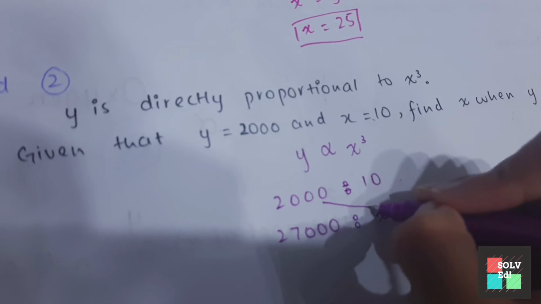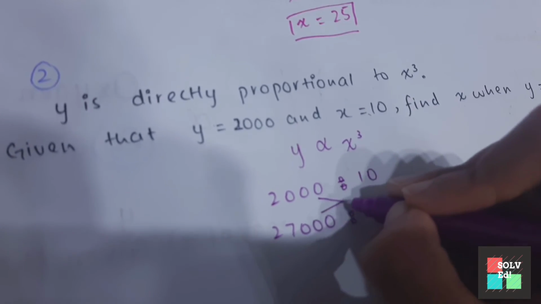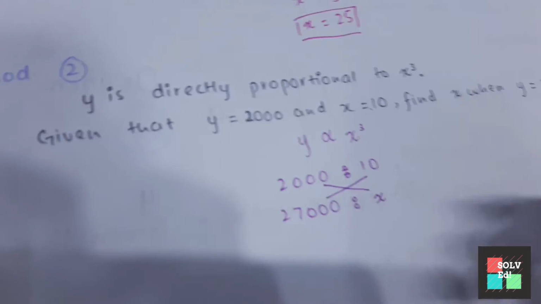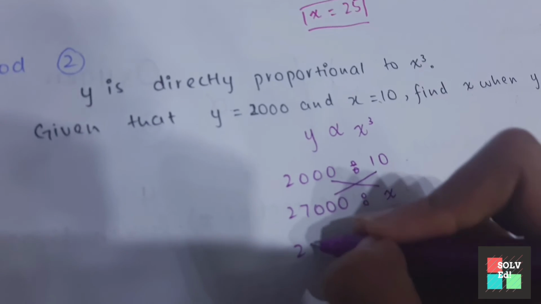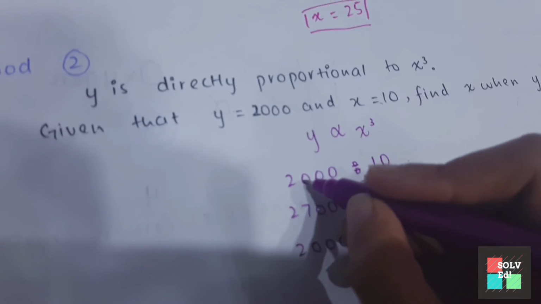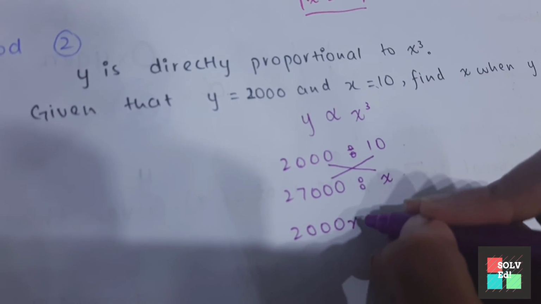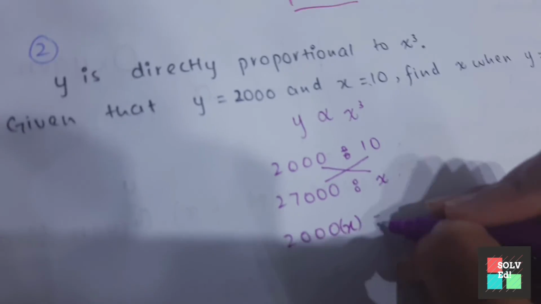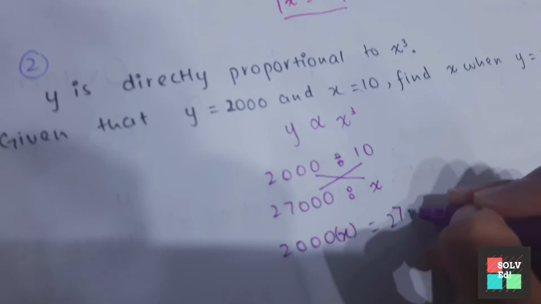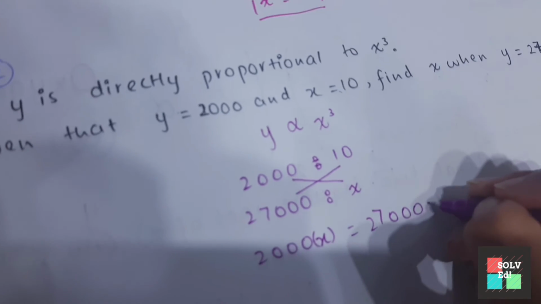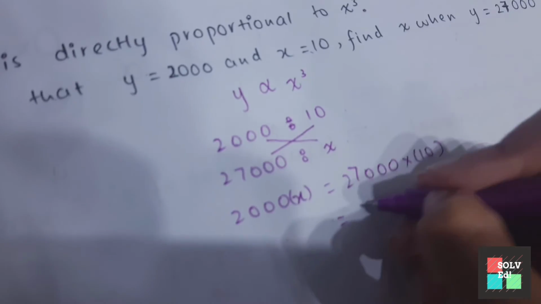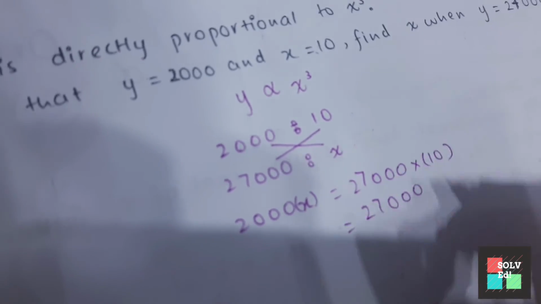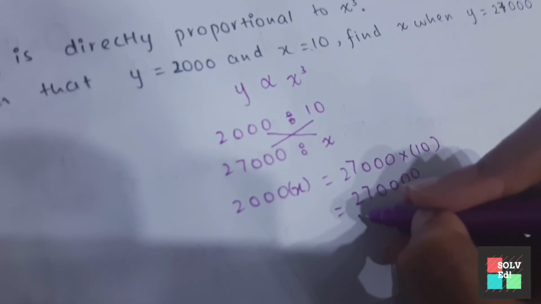And for direct proportion, we're just going to directly cross multiply, if that's what you want to call it. We multiply 2000 with x, and we multiply 27,000 with 10. And that will give us 270,000.